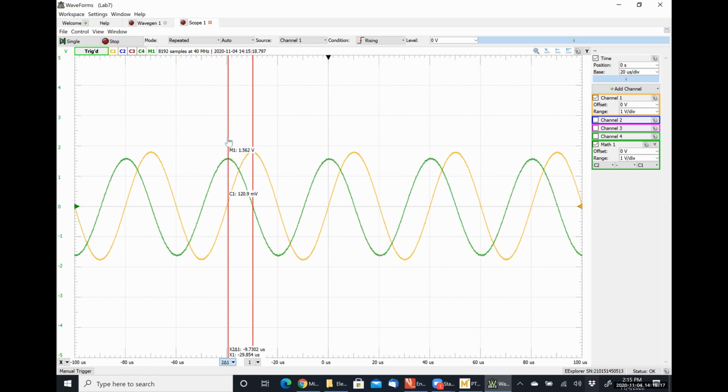And so I have a change in time, or a time shift, of negative 9.7302 microseconds. So delta t is negative 9.7302. Take a moment, calculate what that corresponds to with regards to a phase angle in radians, and then degrees.